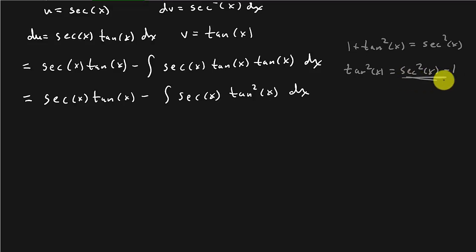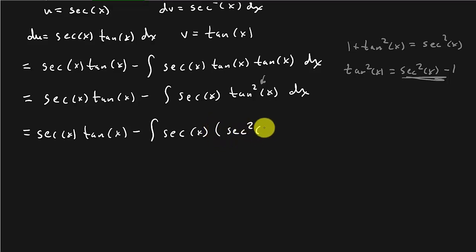So I'm going to put this in the place of tangent squared. And so this is secant x tangent x minus the integral of secant x times secant squared x minus 1 dx.